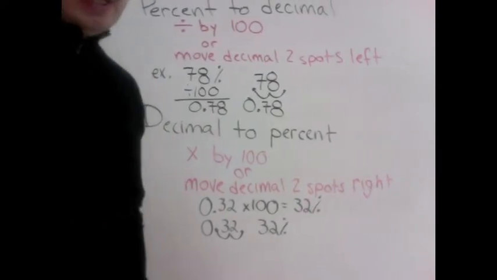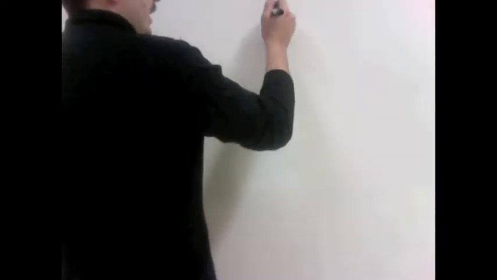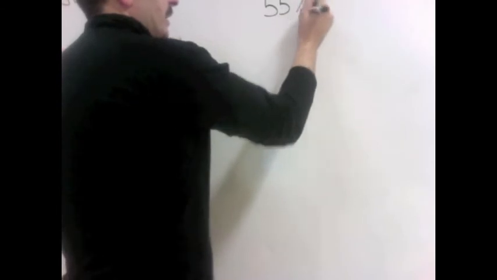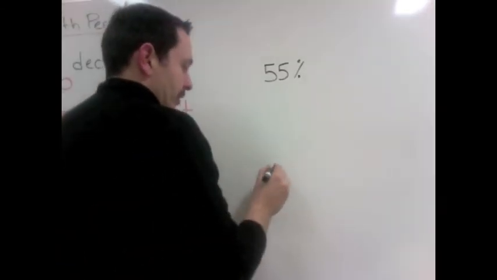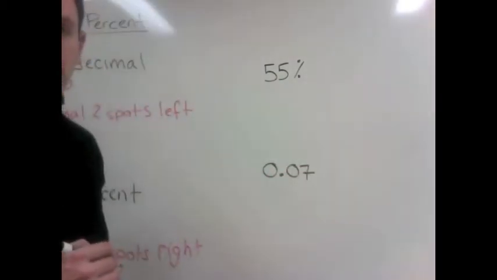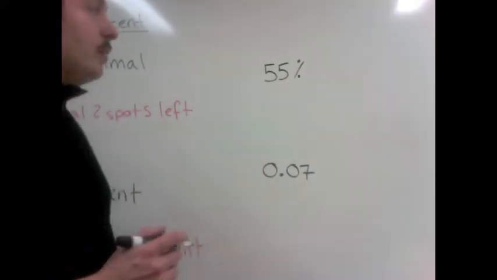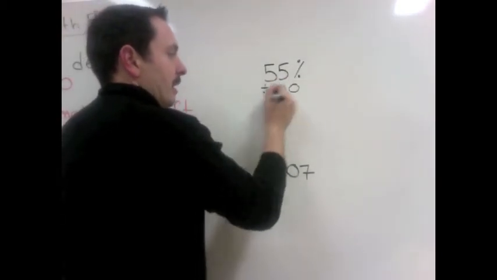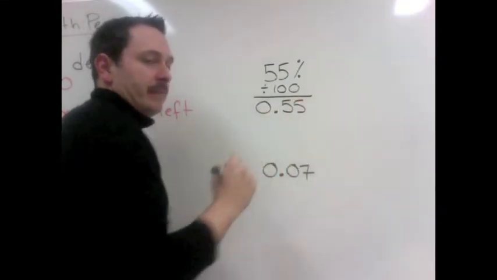Okay, so let's take a look and try 2 more of these. Let's try turning 55% into a decimal. And we'll try turning 0.07 into a percent. So percent to decimal, we divide by 100. So I could divide by 100, and I would get 0.55.